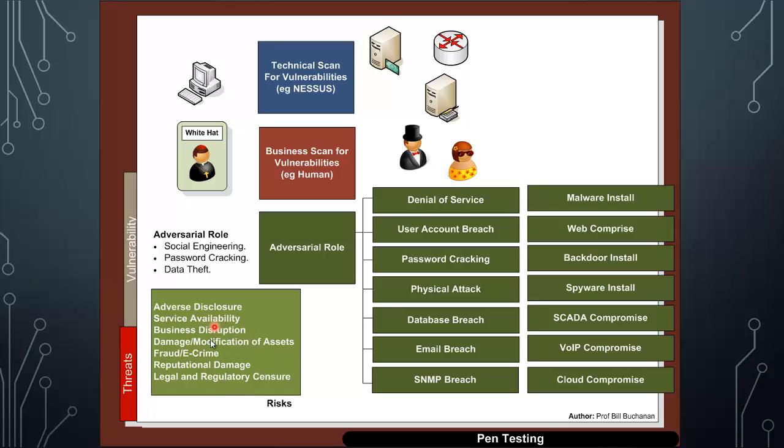We would pick out one or more of these for our aim, and then we might look to a denial of service, user account breach, password cracking, physical attack, database breach, email breach, SNMP breach, and so on. So all these might be some sort of breach, install, compromise, and the end result will actually prove if the vulnerability can be seen through to cause some sort of damage.